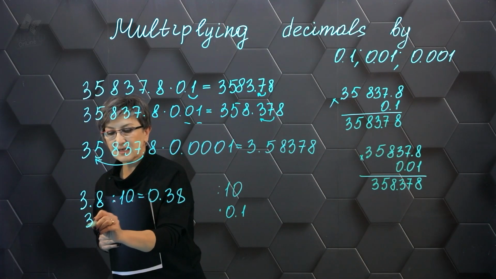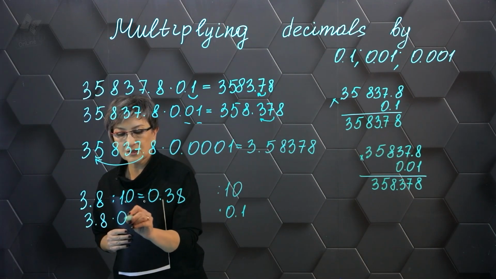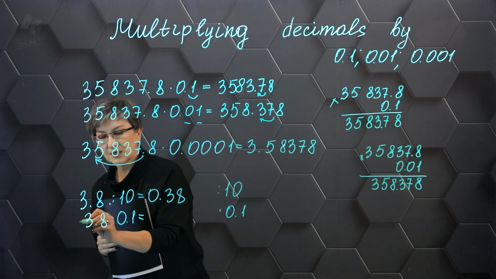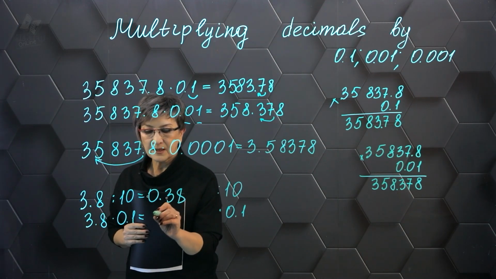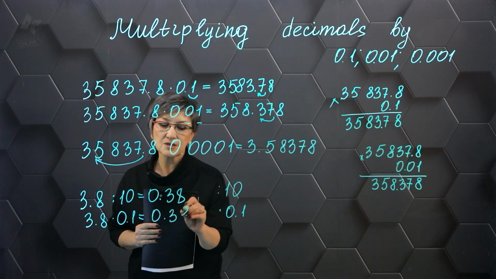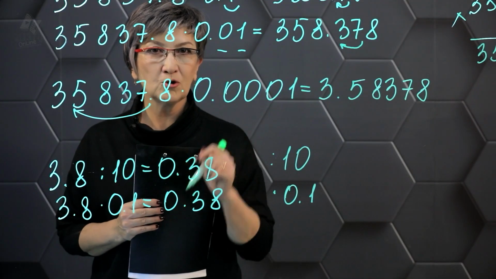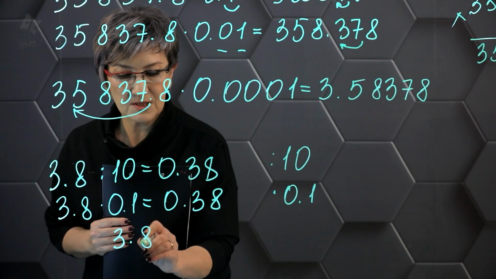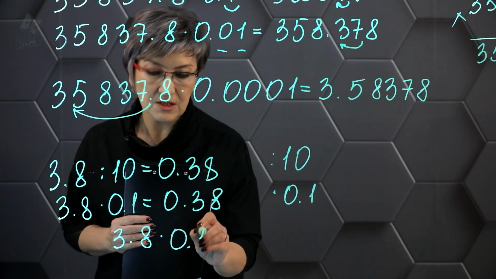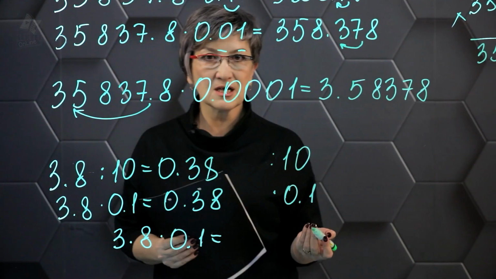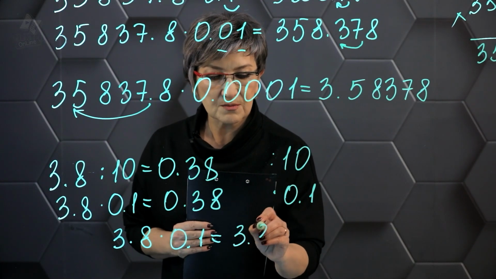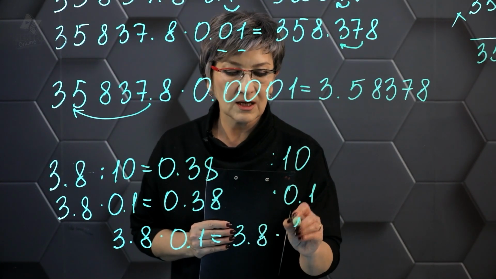And if I multiply 3.8 tenths by 0.1 tenth, I also have a shift of our decimal point to the left. I obtain the decimal value 0.38. This is because I multiplied the decimal value 3.8 tenths by the decimal value 0.1 tenths. And when I convert 0.1 tenths to a regular fraction, it is 1 tenth. I am essentially multiplying by 1 tenth.